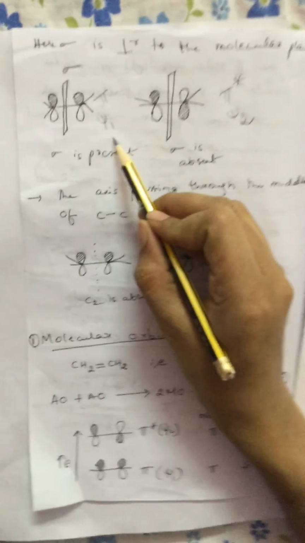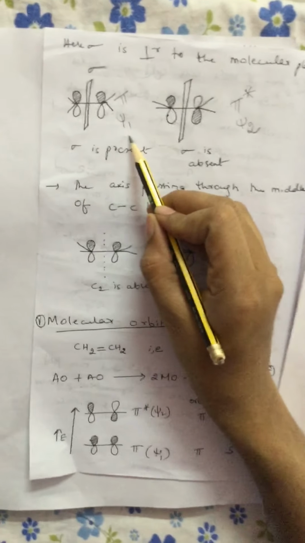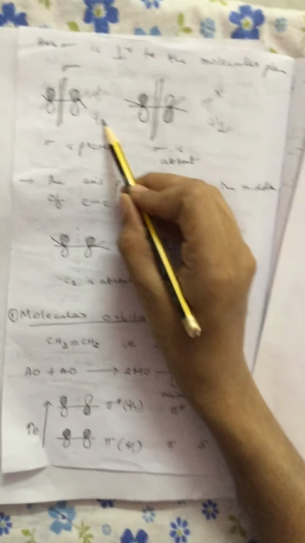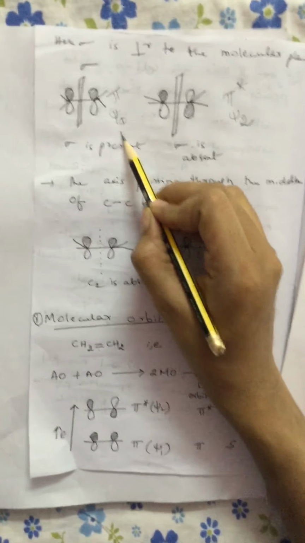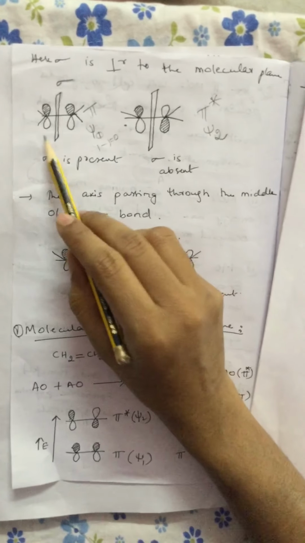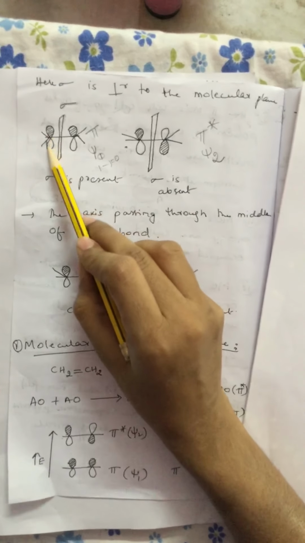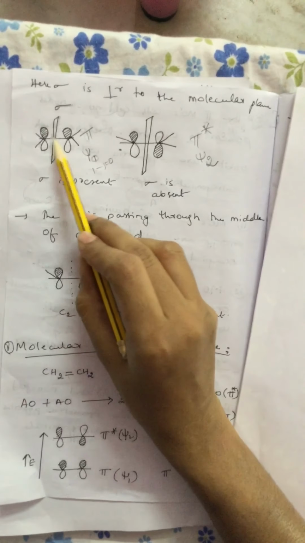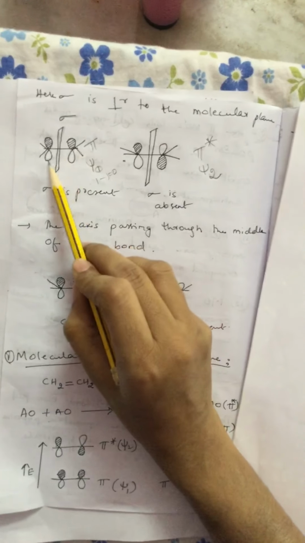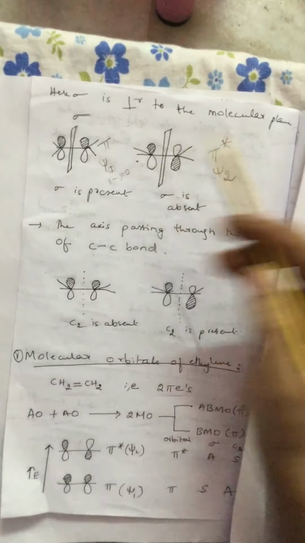Now if you go for the calculation of the number of nodes, for psi 1, n is equal to 1, so 1 minus 1 is equal to 0. So you draw the molecular orbitals in such a way that there are no nodes. Both the shaded lobes of the pi orbitals I have taken on top, and the unshaded are taken at the bottom.